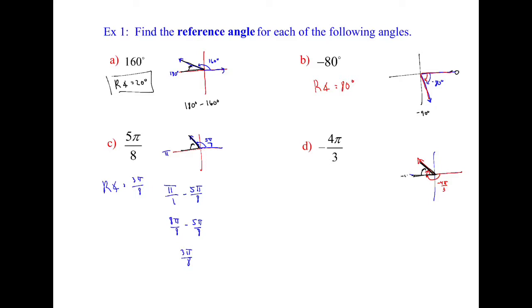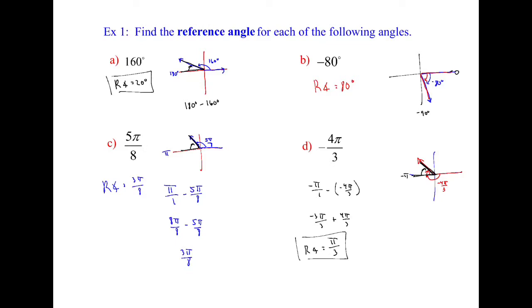This is negative pi, so we can take the larger value, negative pi, and subtract negative 4 pi over 3 to figure out the reference angle. Once again, common denominator, minus negative 4 pi over 3, you change to addition. That would be 4 pi over 3, which gives you a reference angle of pi over 3.